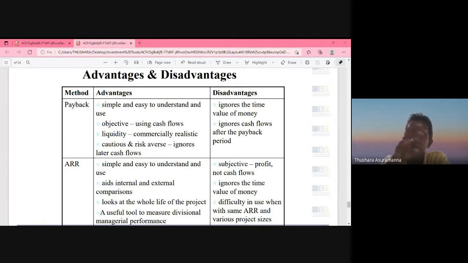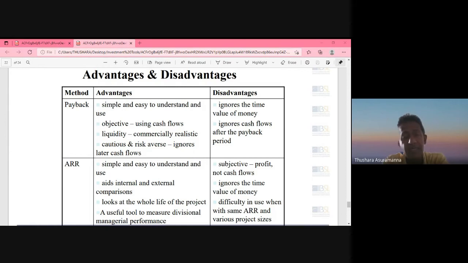Let's say you have a couple of projects and you compare only up to the payback point, with cash flows considered. Beyond that, there may be very positive cash flows on a project you were not happy about. That cannot be taken into account. Why? You have dropped it, right? So that's a disadvantage.